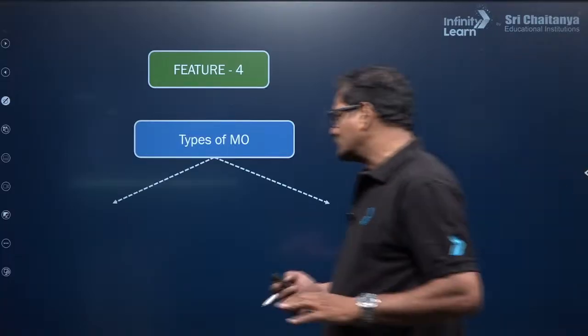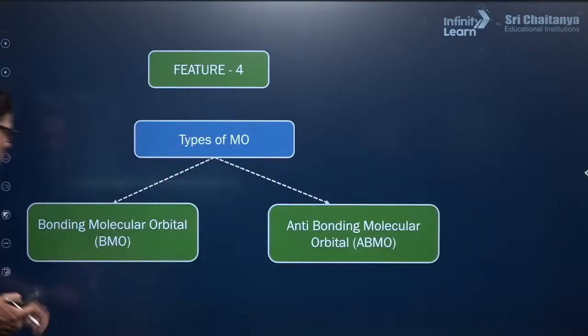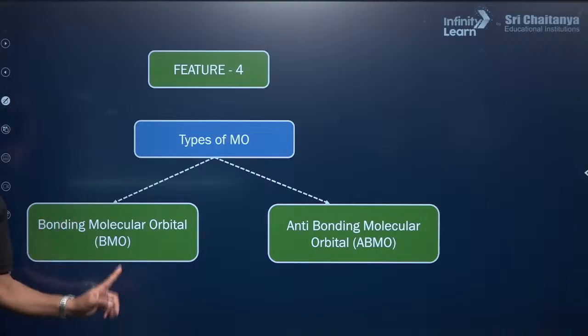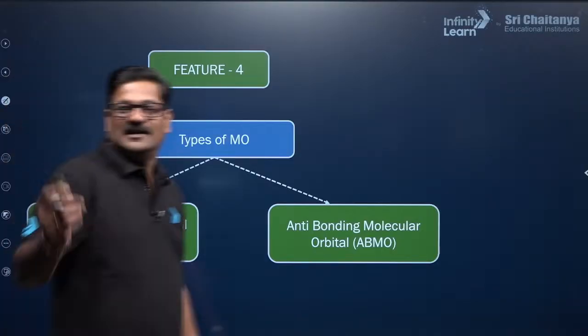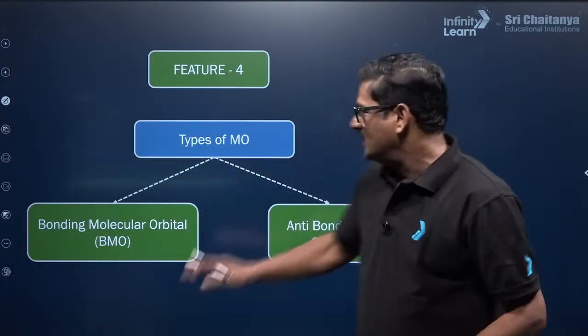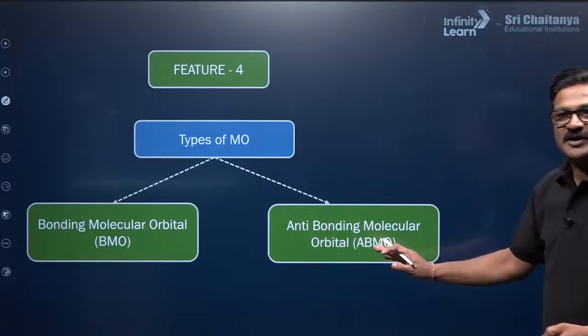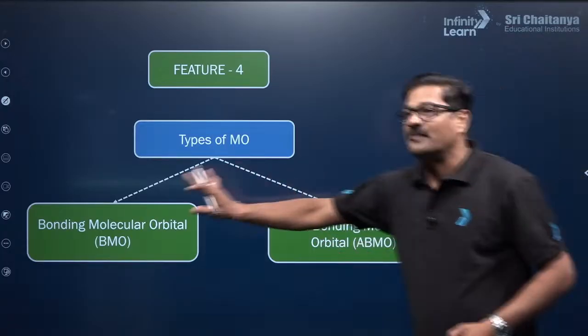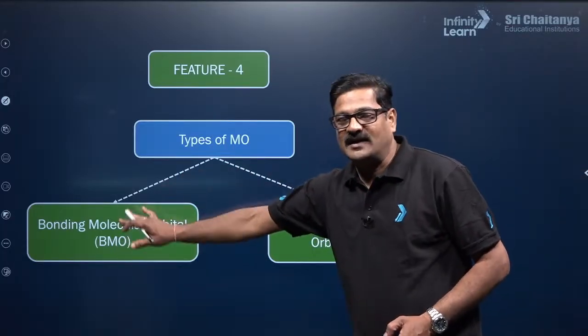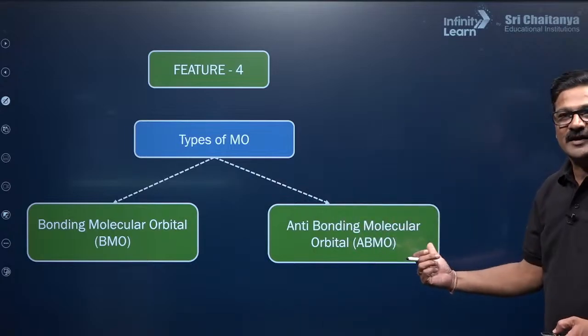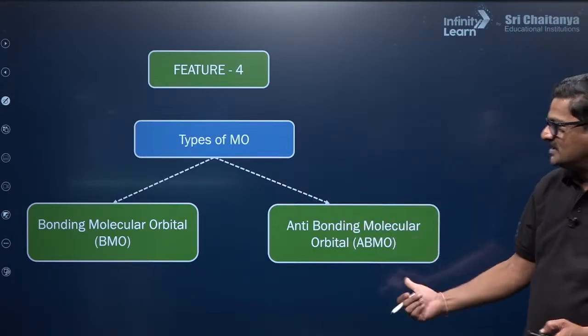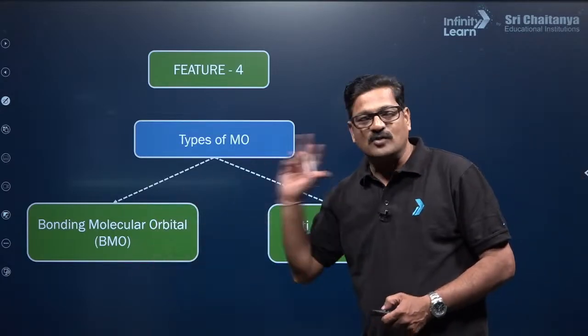So you have two types of molecular orbitals: BMO, the bonding molecular orbital, and ABMO, the anti-bonding molecular orbital. The bonding one has less energy and more stability, while the anti-bonding one has more energy and less stability.